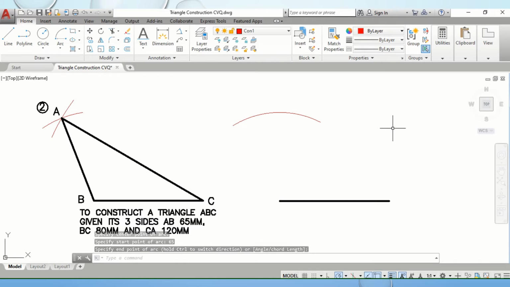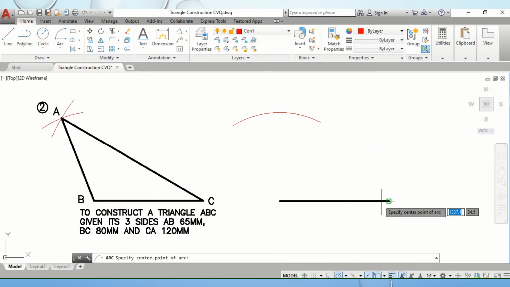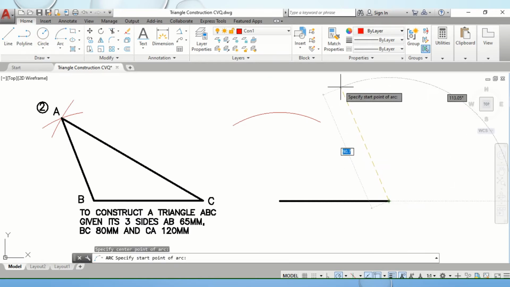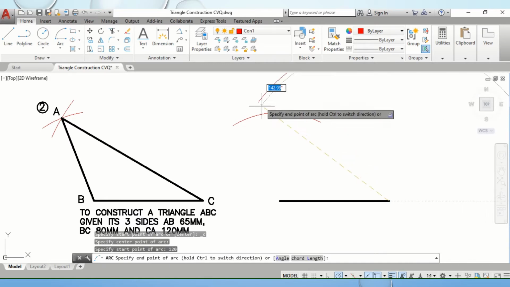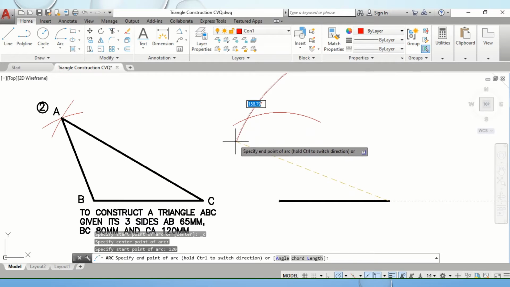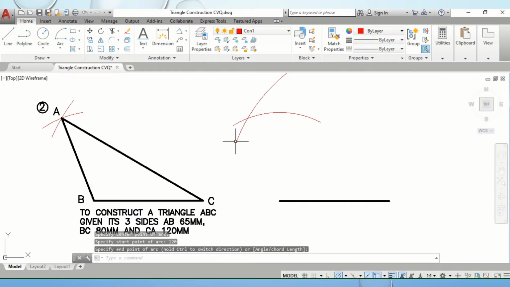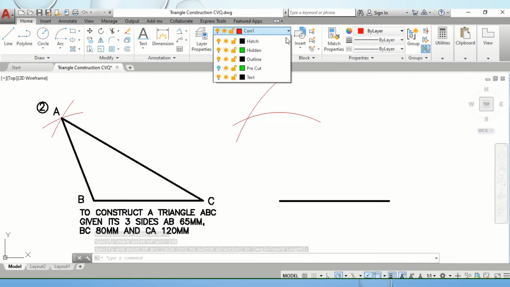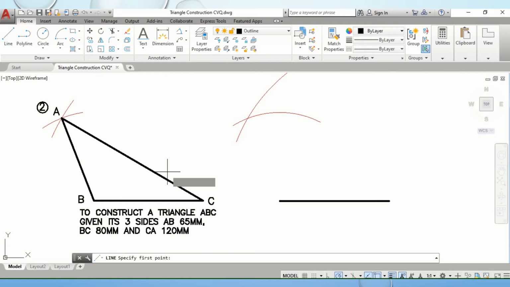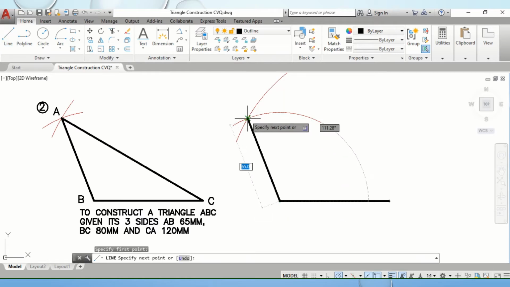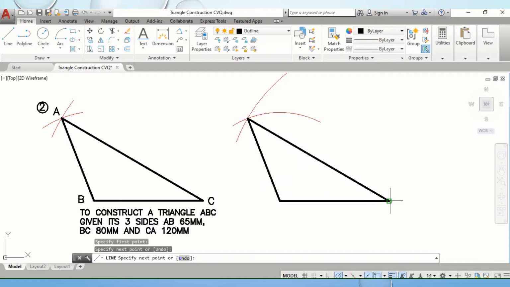Do the same thing from the other end. This time that's going to be 120 millimeters. So I start somewhere up here, 120, and I draw my second arc to intersect. So this would be my point A, and my triangle is going to be this triangle here, ABC.